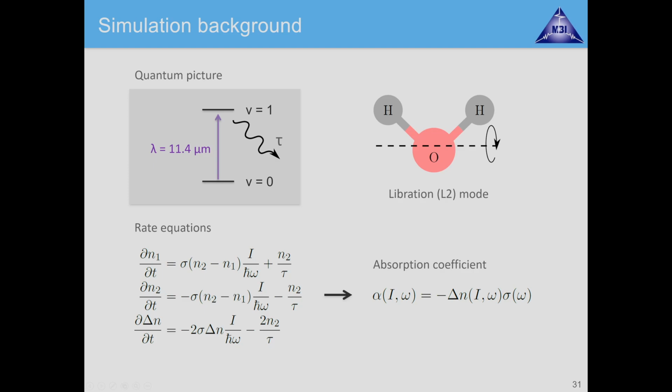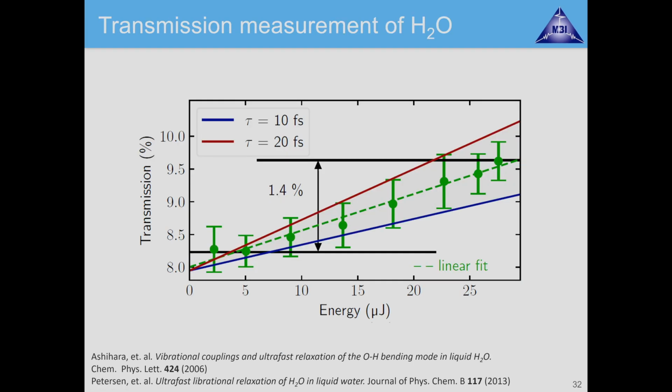And then we included some numbers, like how many molecules we expect and how large the irradiated area is, and then you can find an absorption coefficient, which is proportional to the population inversion and the absorbance of the water molecules. From this, we tried to estimate and calculate the transmission in the water sample. And that's what we did.